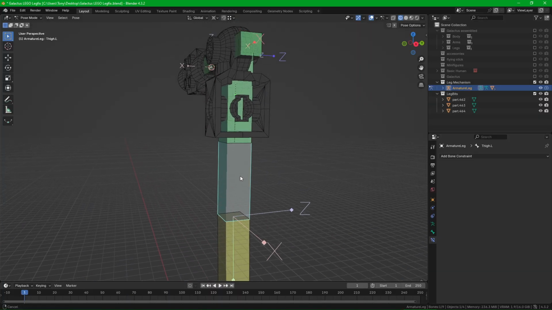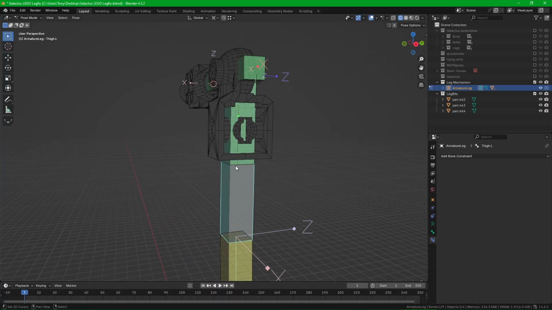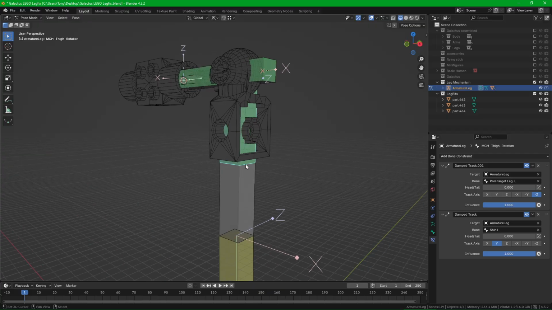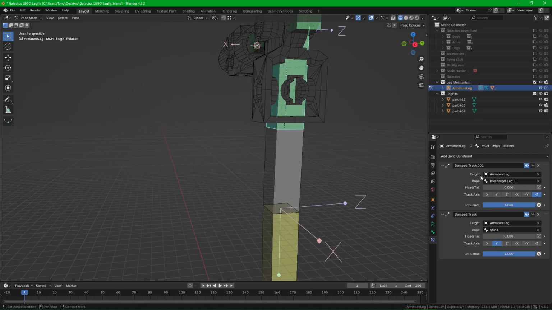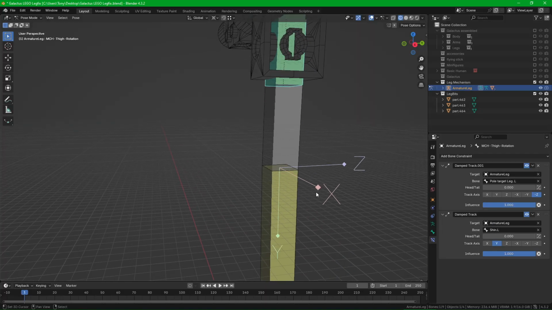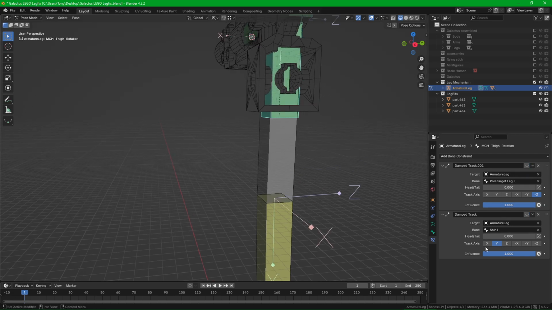But what I did was, the thigh bone, I've made a child bone of the thigh bone. And this is a way you can do it. I've pointed it to look at the shin bone. Pardon me.